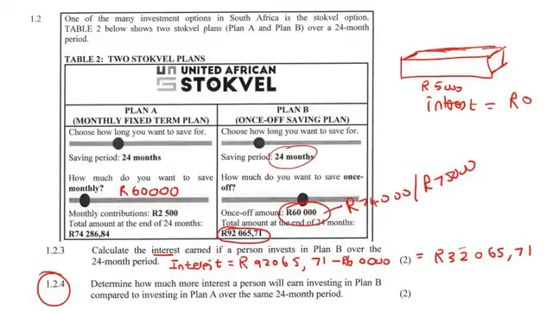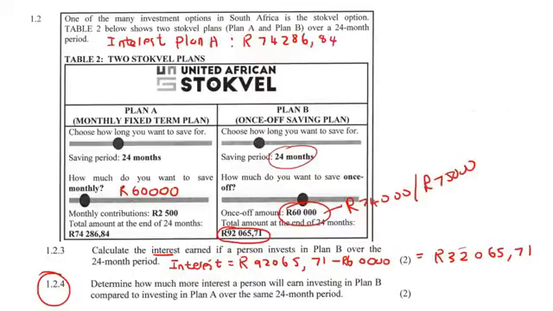So let's quickly work out how much interest they earn in Plan A. So interest for Plan A: you're going to say 74,286.84, and subtract the original starting amount, 60,000. So if you choose that option, your reward or your interest, if you want to be technical here, is 14,000.